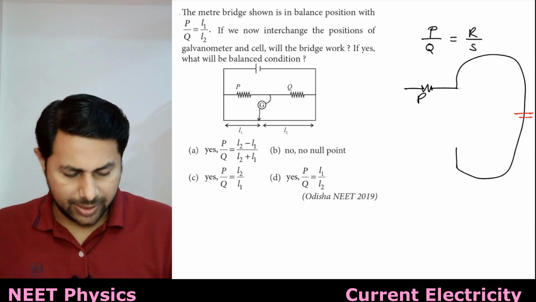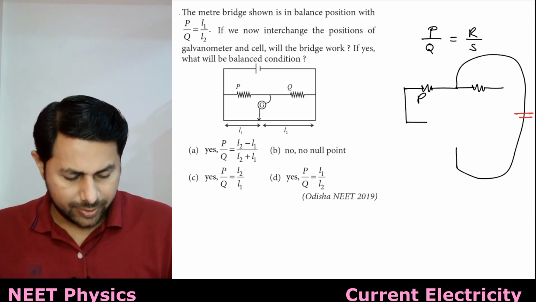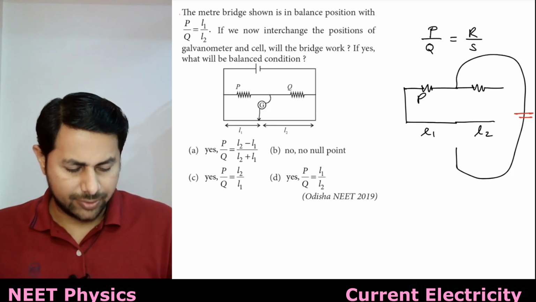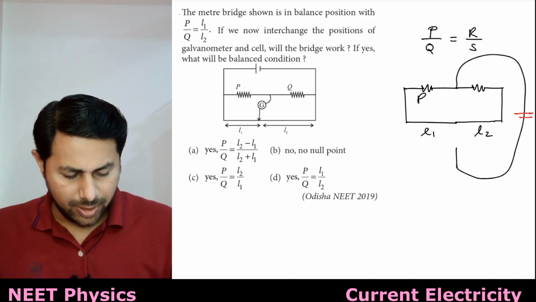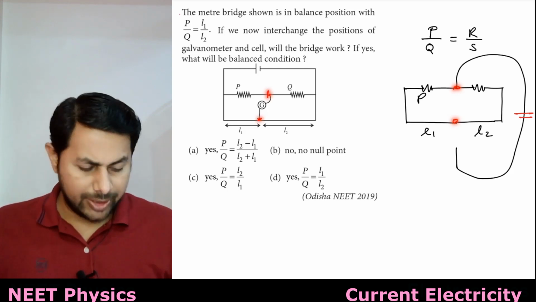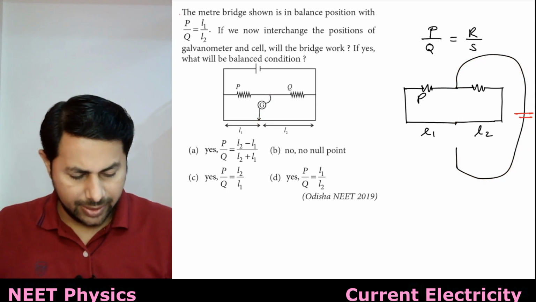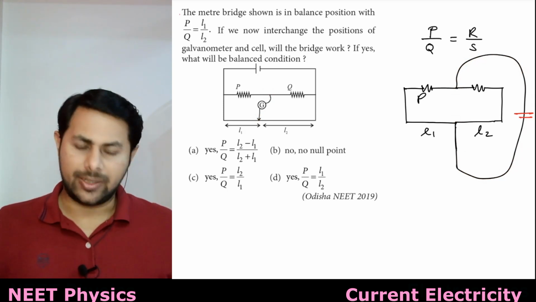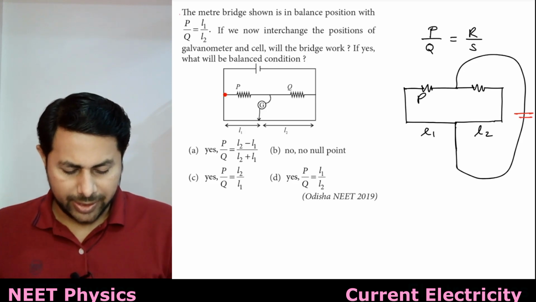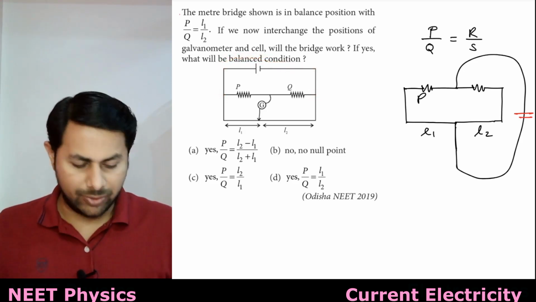You have this P and Q, and this length is L1, this length is L2. So between the 2 points where you had connected the galvanometer, you are now connecting the cell. And between the 2 points where you had connected the cell, now you connect the galvanometer.